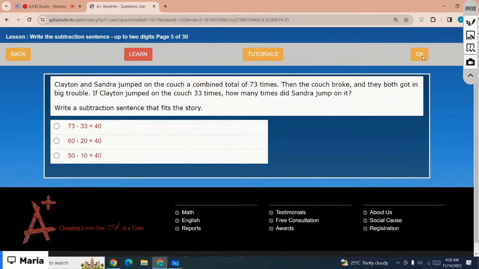So they jumped a total of 73 times, right? You need to see 33 times Clayton jumped. You need to see how many times Sandra jumped. So which is the correct option?